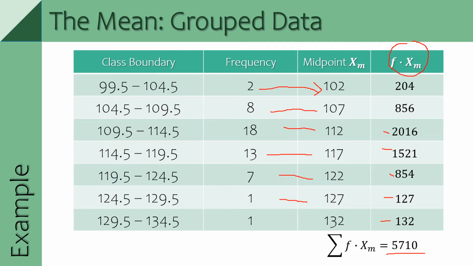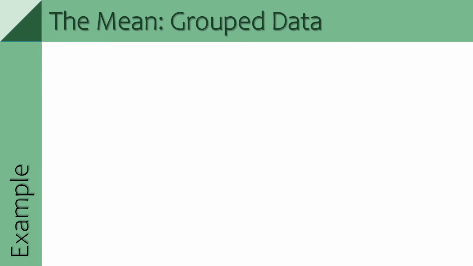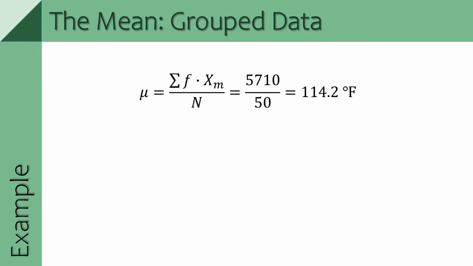After that, let's get the mean. So mu is equal to the summation of f multiplied by the midpoint over n.